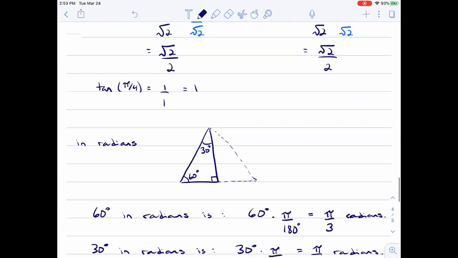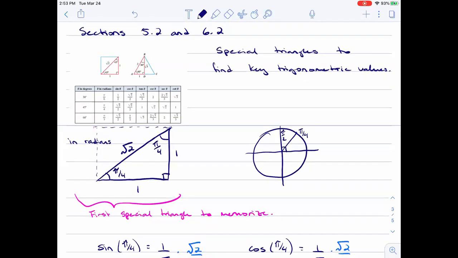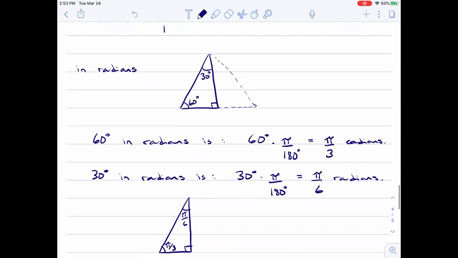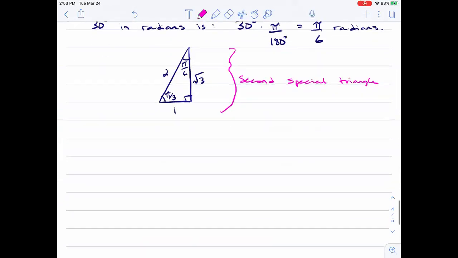And then the lengths of these sides are 1 and 2, and then root 3 by the Pythagorean theorem. 1, 2, root 3. This right here is the second special triangle to memorize.